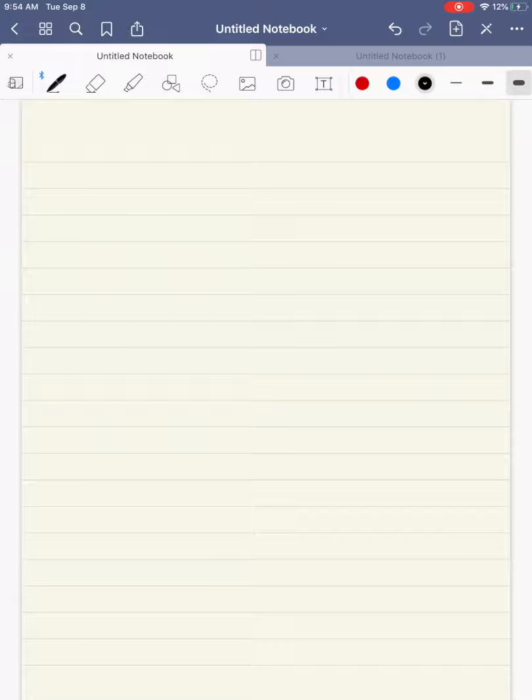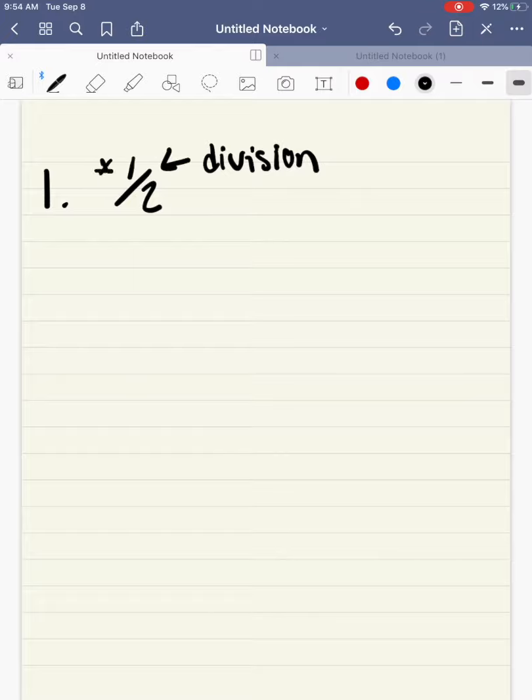So number 1, we are talking about the fraction 1/2, and we are going to change this to a decimal. The interesting thing about fractions is that the fraction bar actually stands for division. So whenever you want to change a fraction to a decimal, you are going to divide the top number, the numerator, so the number 1, by the denominator, the bottom number, which is number 2.